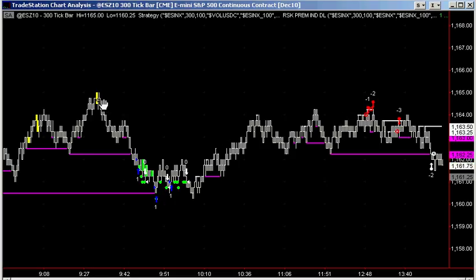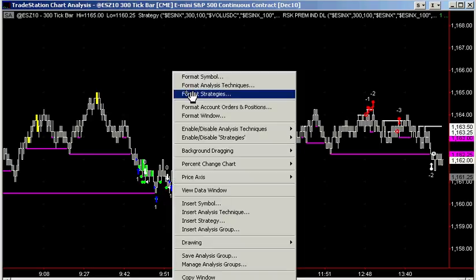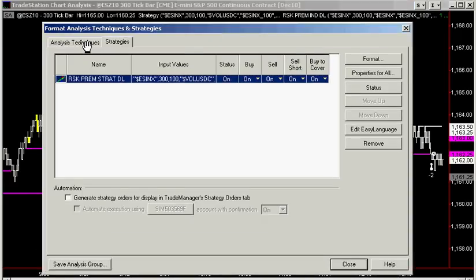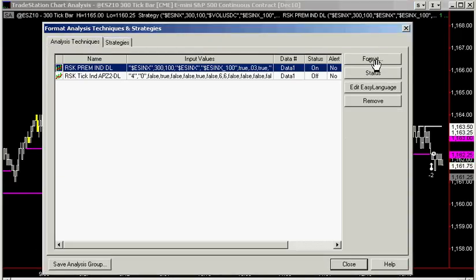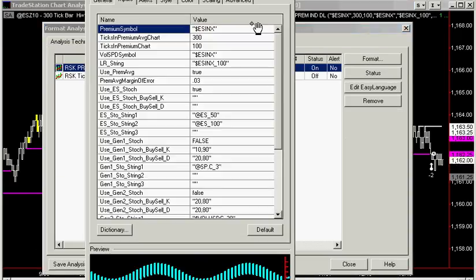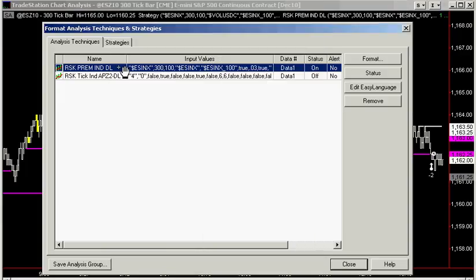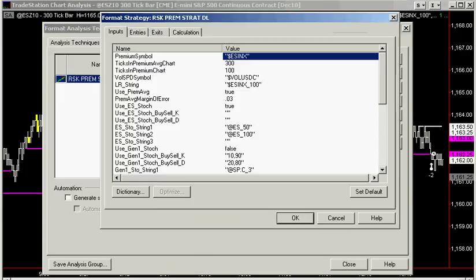So let me show you what we mean by that. Here we have an indicator, and I can't fit everything into this window, but these are some of the settings that go into this indicator. The strategy is exactly the same.